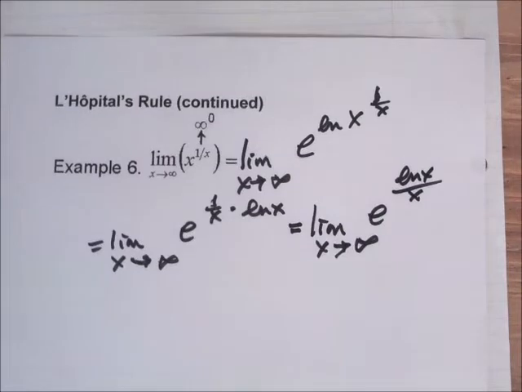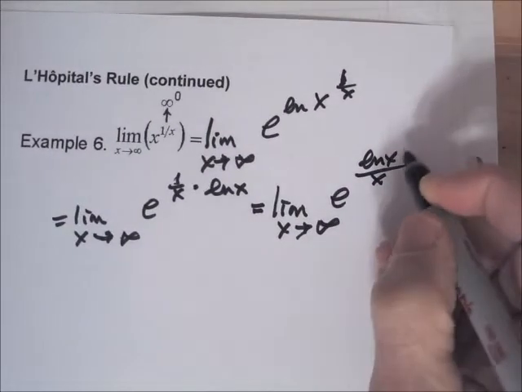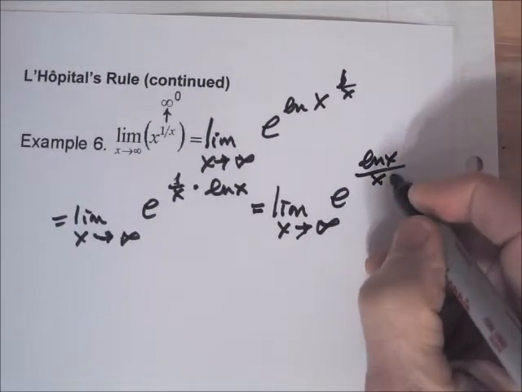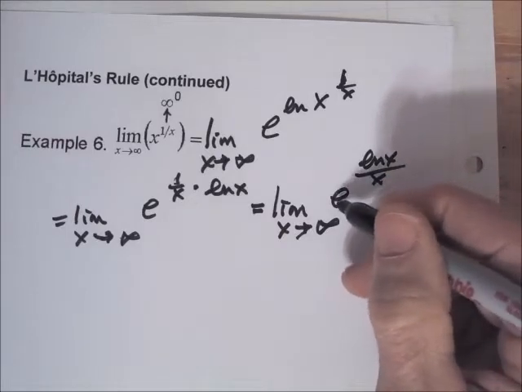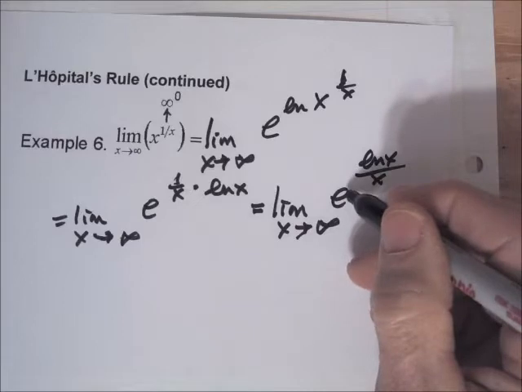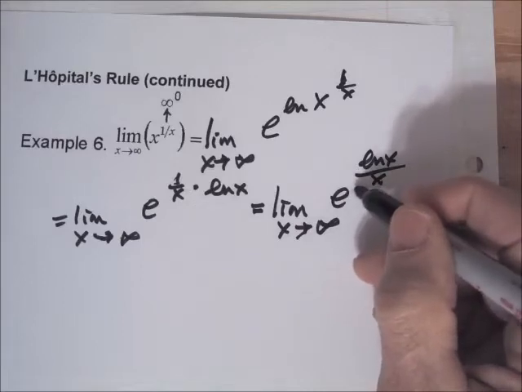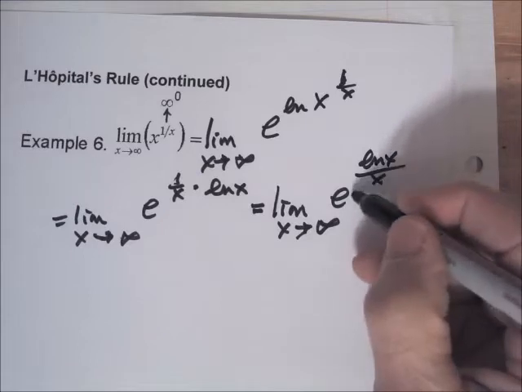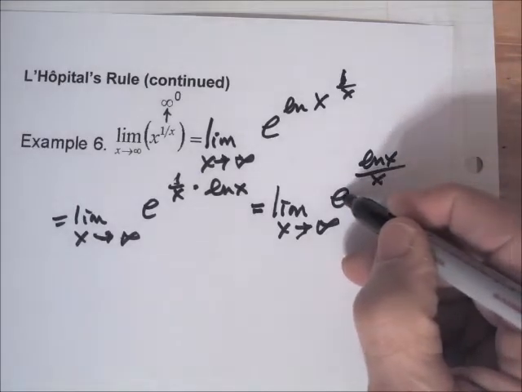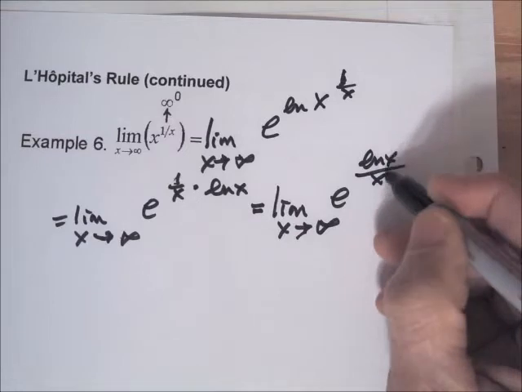Now the exponent of e is indeterminate of the form infinity over infinity. And one of the properties of limits is that you can take it inside a continuous function. So we have a composite function here. The outside function is exponential, the inside function is ln x over x.